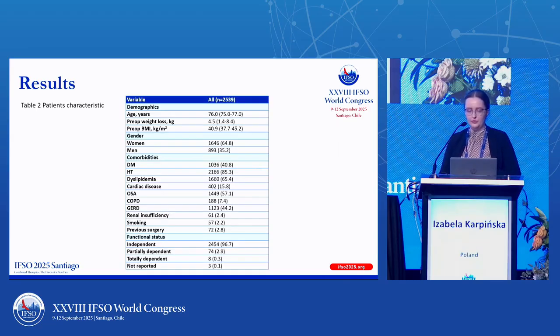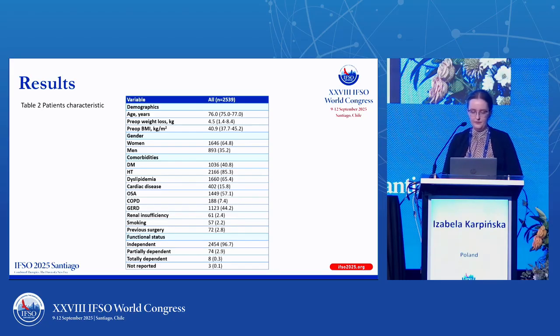And finally, we included in our analysis more than 2,500 patients with mean age 76 years and preoperative BMI at around 41 kilograms per square meter. Most of our patients were women with independent functional status. The 3 most common comorbidities were hypertension, dyslipidemia, and obstructive sleep apnea.